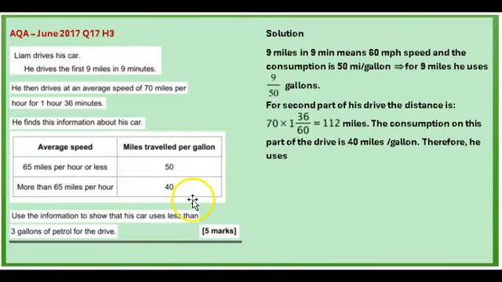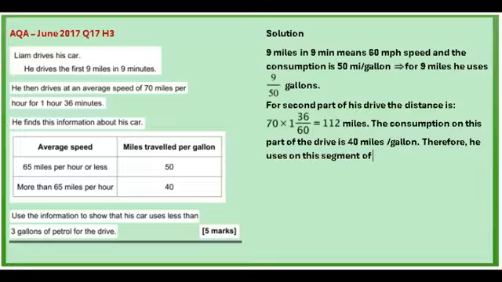For each mile, it is 1 over 40. Now you have 112 miles, so we have 112 times 1 over 40, or it's simple, you say 112 divided by 40.